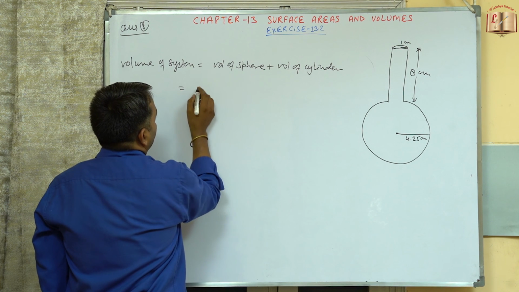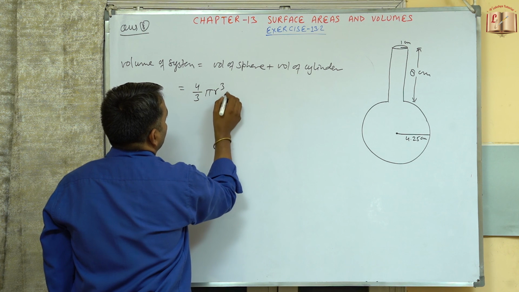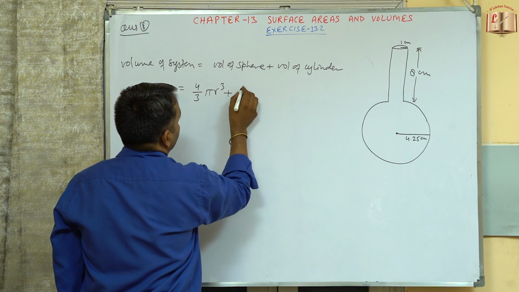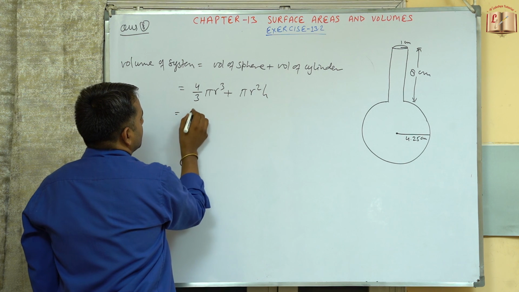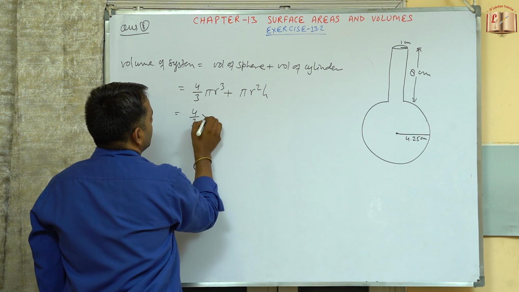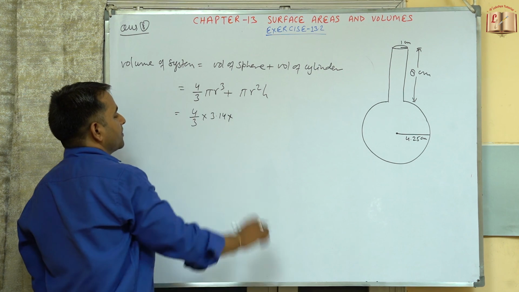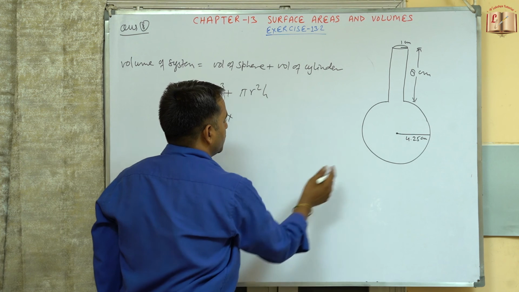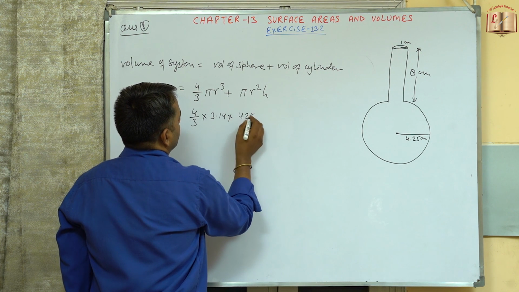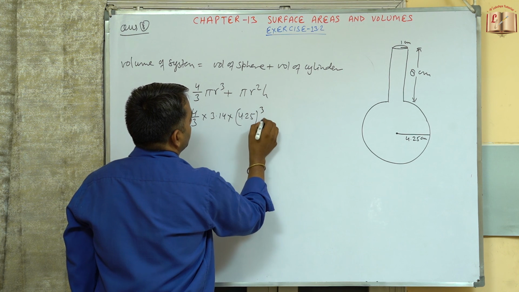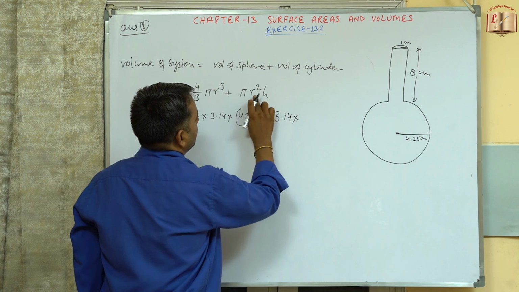So volume of sphere is 4 by 3 pi r cube plus volume of cylinder is pi r square h. So this is equal to 4 by 3, pi is 3.14, into r. R is given 4.25, whole cube, plus 3.14 into r square.